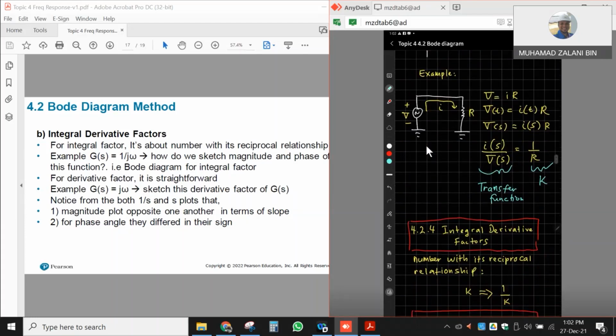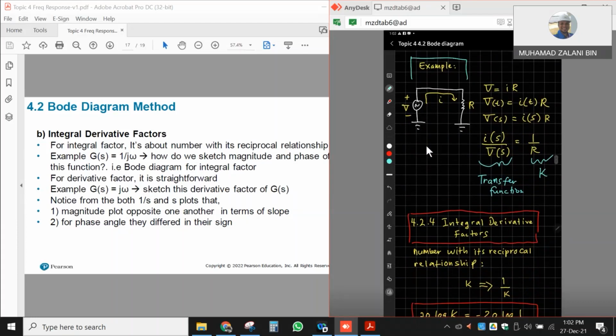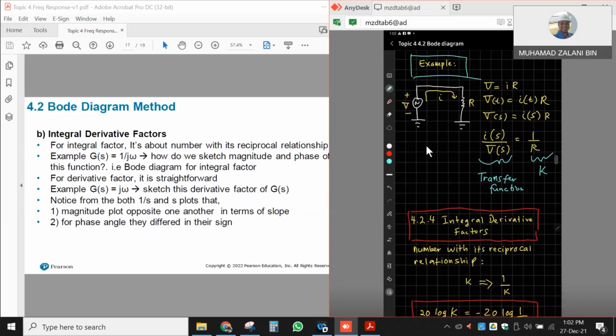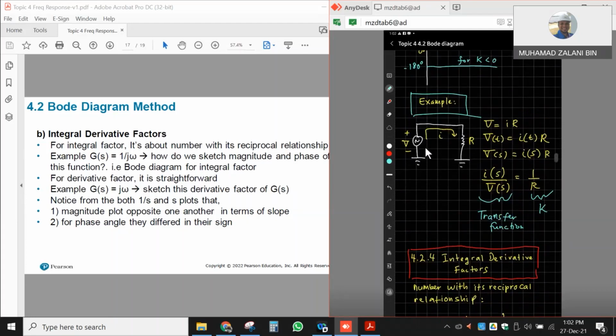So let's have a look at a more realistic example using a circuit. If we inject this resistor with some current from this voltage, we can represent it in the form of time function V equals IR. Rearranging, v(t) equals i(t)R.